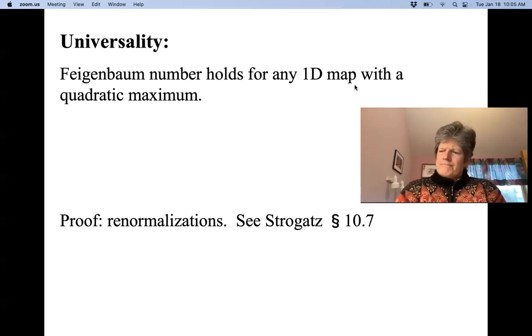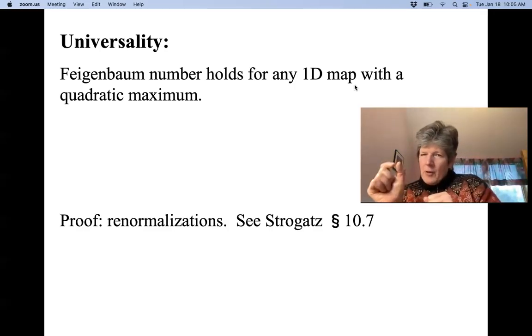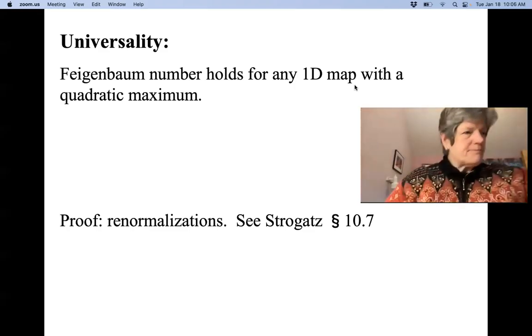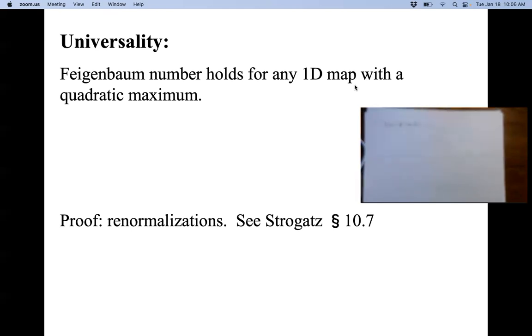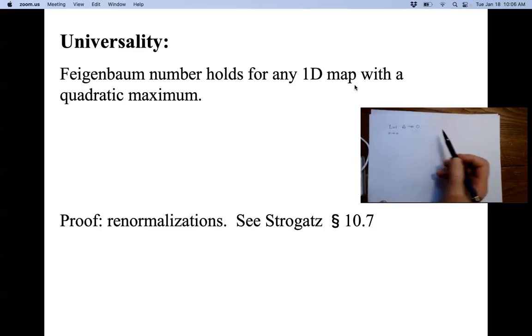Okay, so these little pitchforks get narrower and narrower as you turn up r. At a certain point, if you divide anything by 4.6 enough times, you get to 0. So in the limit, as n gets bigger, delta gets smaller. In the limit, as n gets bigger, the width of the pitchforks gets to be 0.